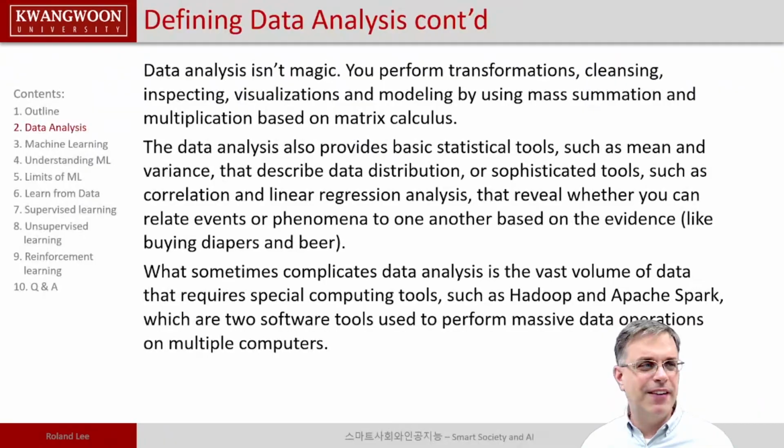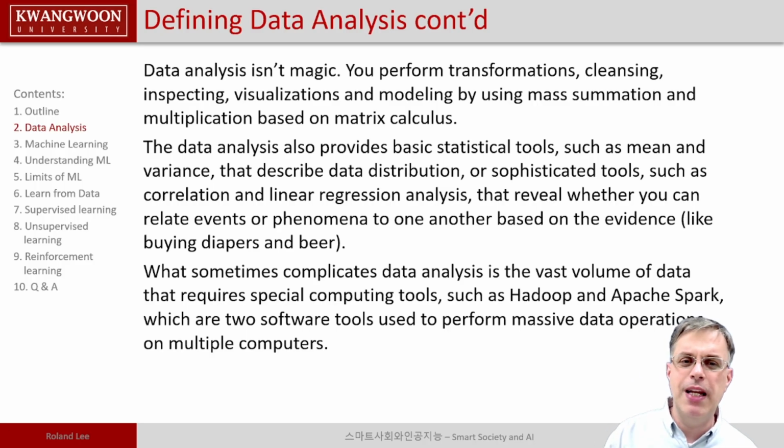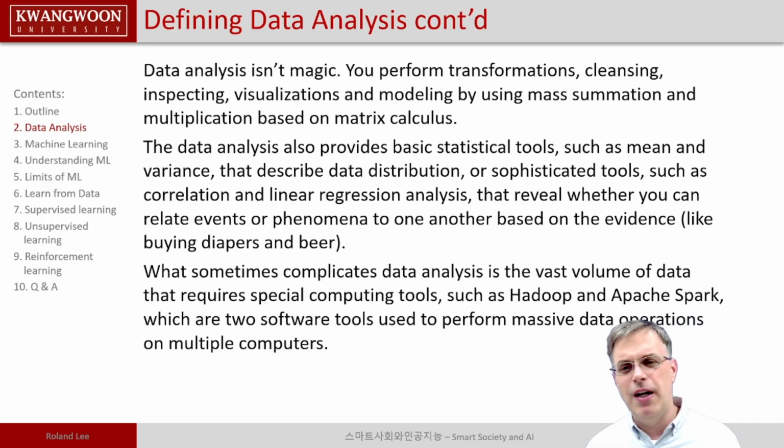So no magic, as we mentioned already. The data analysis arsenal also provides basic statistical tools such as mean and variance that describe data distribution, or sophisticated tools such as correlation and linear regression analysis that reveal whether you can relate events or phenomena to one another based on the evidence.